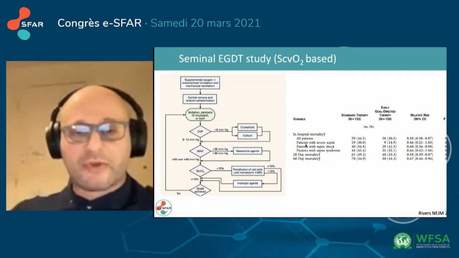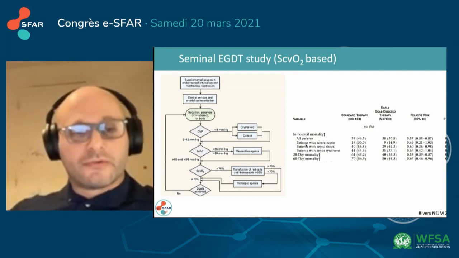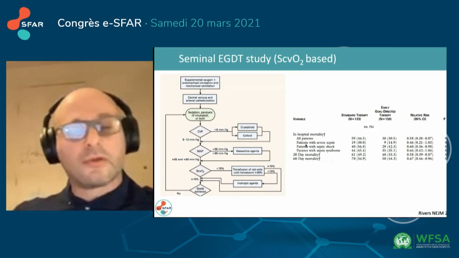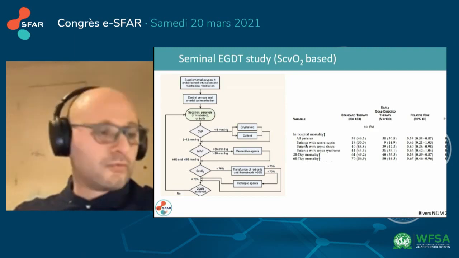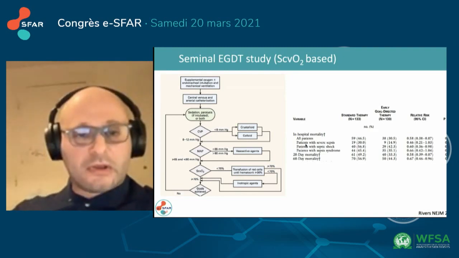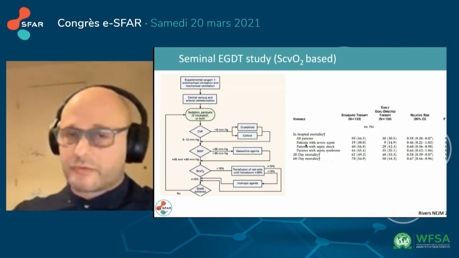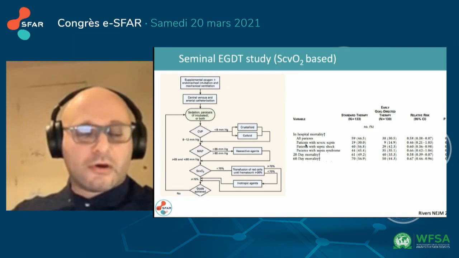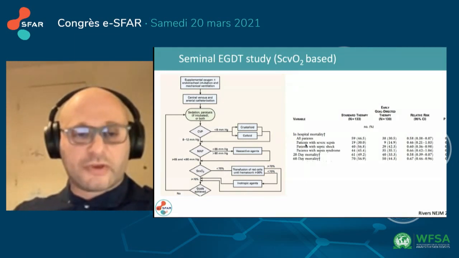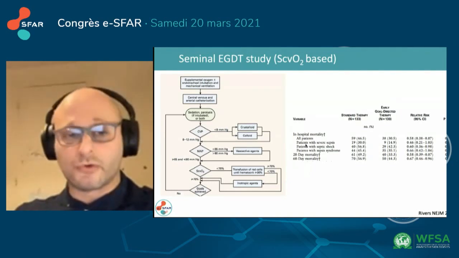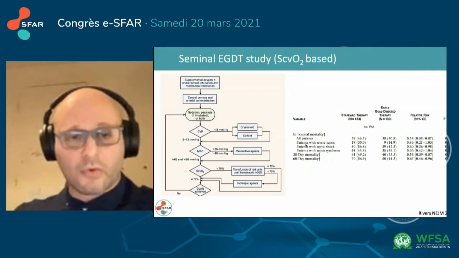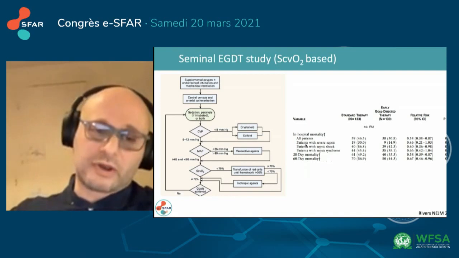They were managed by fluids titrated to central venous pressure, followed by vasopressors if that was not enough to reach the MAP target. And the ultimate target was central venous oxygen saturation, which would be the judge if therapy had to go to transfusion or had to go to administration of inotropes.